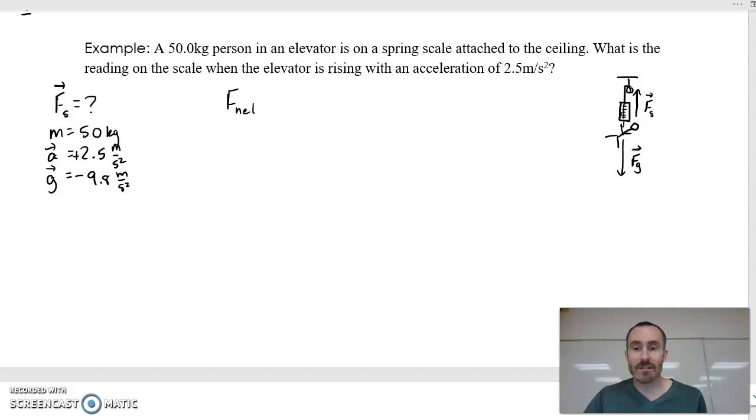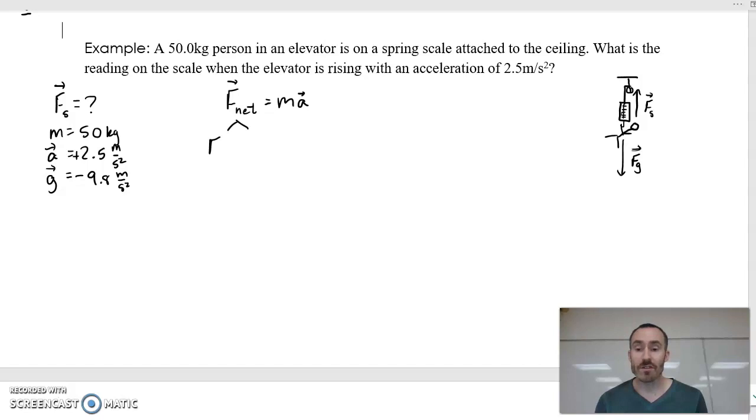F net equals ma. And just like most of the time when we're working with F net equals ma, we're not told exactly what F net is, but we're told what the different pieces are. So we're going to split F net into the forces acting on this person, and those would be the spring force and the force of gravity.